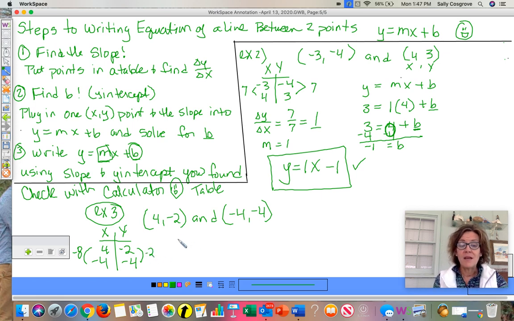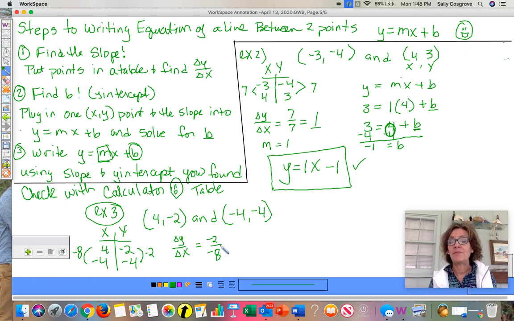Now we need to find the slope, or the rate of change. The change in y divided by the change in x is -2 divided by -8. That's a fraction. Does it simplify? It does. First of all, they're both negative, so a negative divided by a negative is a positive.